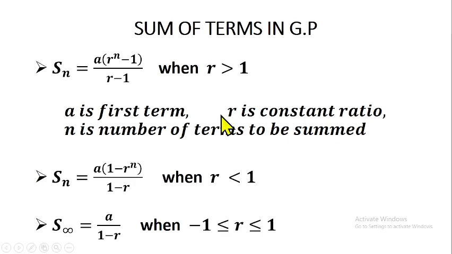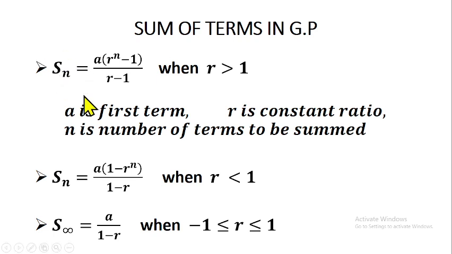Alright, so also in GP we can sum terms together, just like we did under arithmetic progression. We can sum the first, second, third, fourth to the last term, depending on the number of terms you have to sum. But when it comes to summing terms in GP, we have three formulas. We use one formula when the constant ratio is greater than 1, when your constant ratio is 2, 3, 4, 5, and so on.